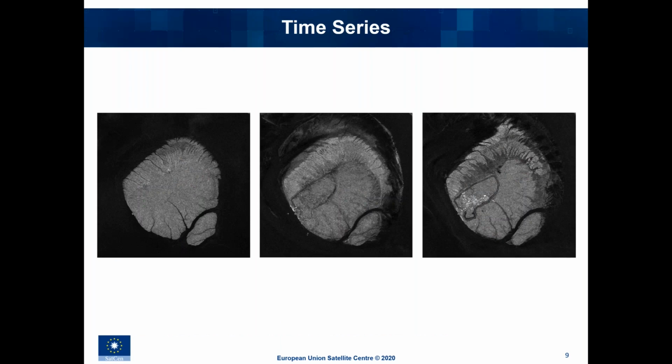Time series are also very useful. Here is an island, Bhasan Char, located in the Indian Ocean. I think it was in the news in the last couple of years because they're constructing a refugee camp.